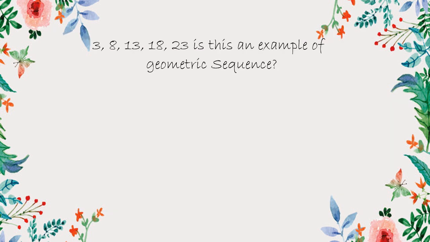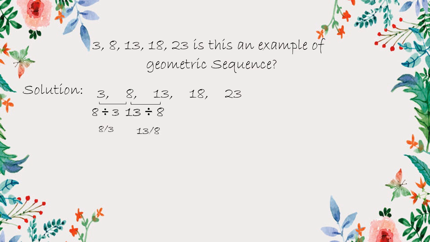So let's have an example. 3, 8, 13, 18, and 23. Is this an example of a geometric sequence? Let's solve. So let's solve for r by dividing. 8 divided by 3 is equal to 8 over 3. 13 divided by 8 is equal to 13 over 8. 18 divided by 13 is equal to 18 over 13. 23 divided by 18 is equal to 23 over 18.